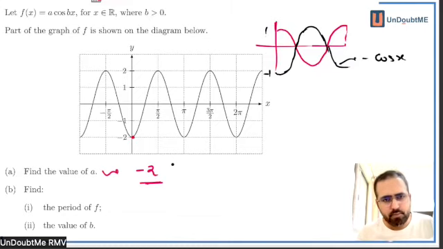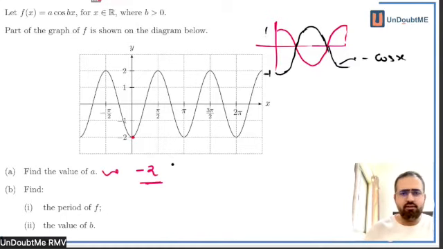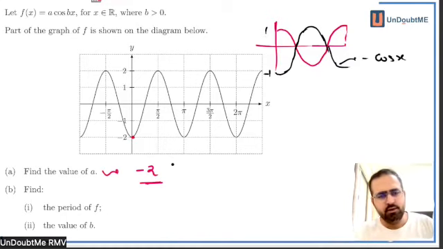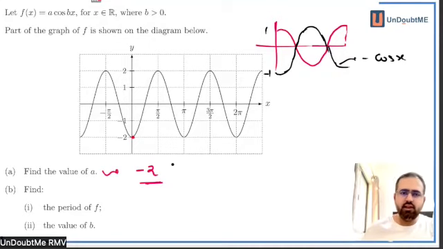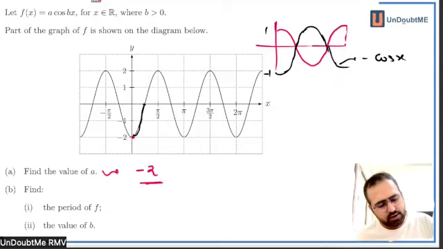Period by observation. Can anyone tell me? You can directly speak out if you can see the period. Is it pi? It will be pi. Can everyone see that after every pi interval, this type of graph is getting repeated?